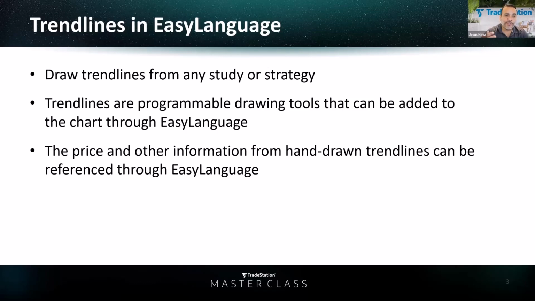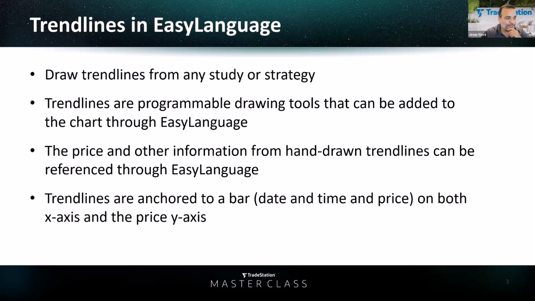The strategies that we talked about referenced a hand-drawn trend line, which is also a way for you to use EasyLanguage and have it interact with a trend line. You draw the trend line manually, and then the strategy reacts to what's happening to the prices in relationship to that line. But this class focuses on drawing the trend lines programmatically using EasyLanguage.